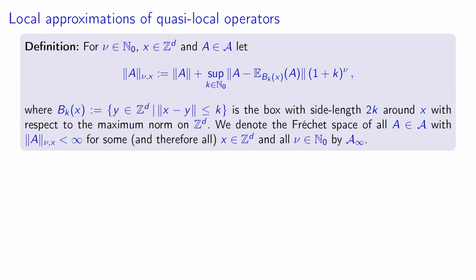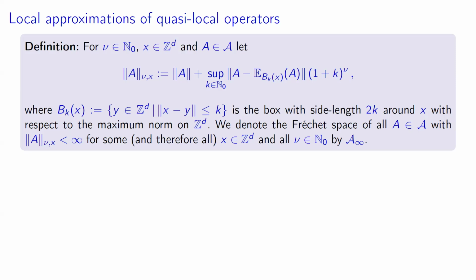And it's very simple. We take just the operator norm of A, but now we add what we look at: how good can we approximate A by restricting it with the conditional expectation to a ball of radius k around x. For practical reasons, we will use the infinity metric, the maximum norm on Z^d, so our balls are actually cubes.